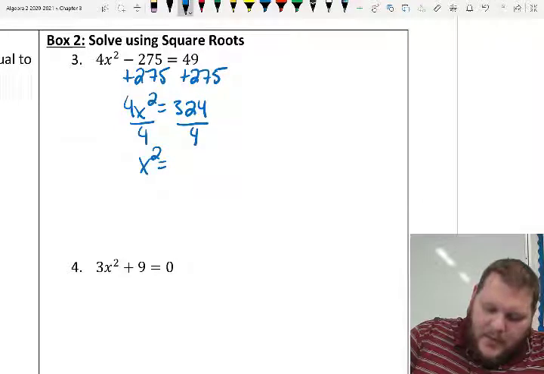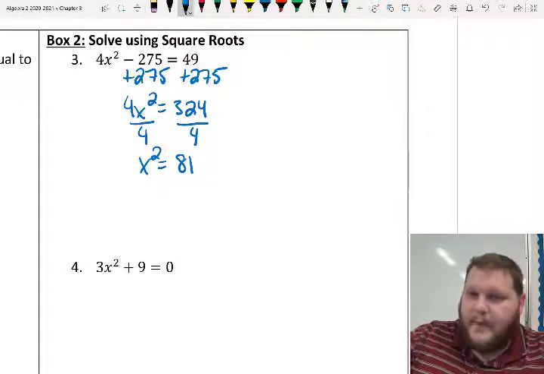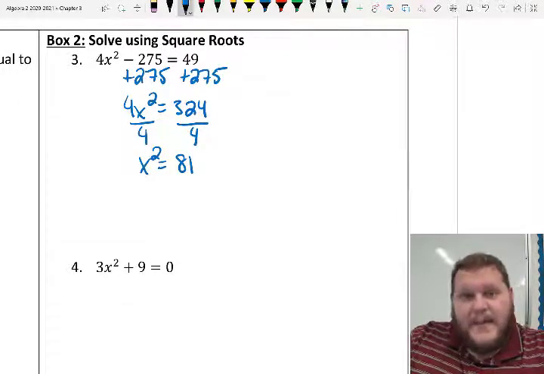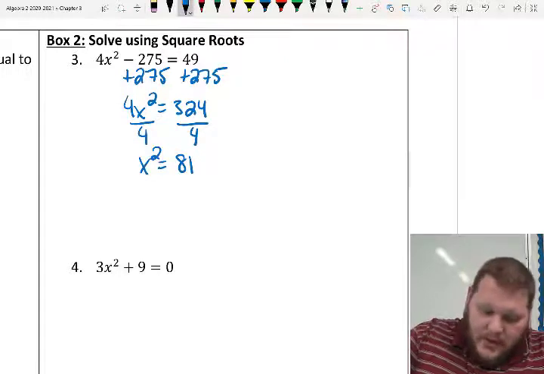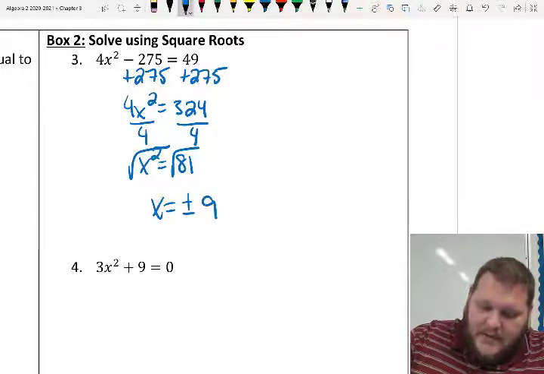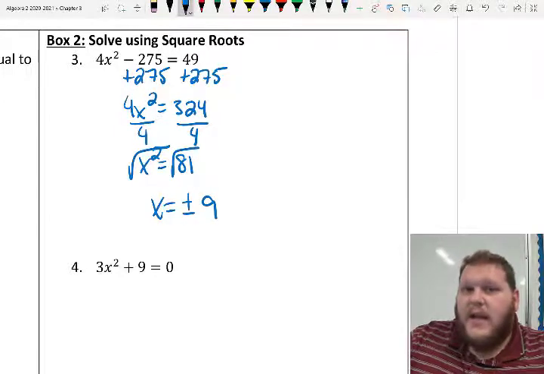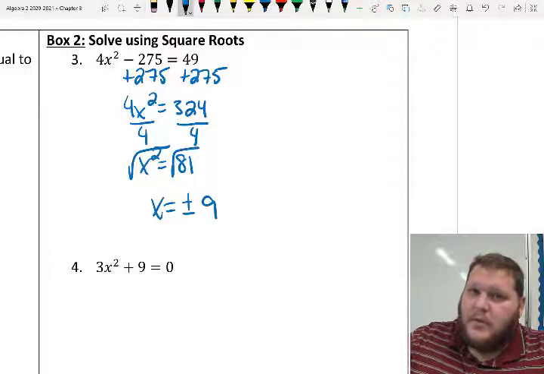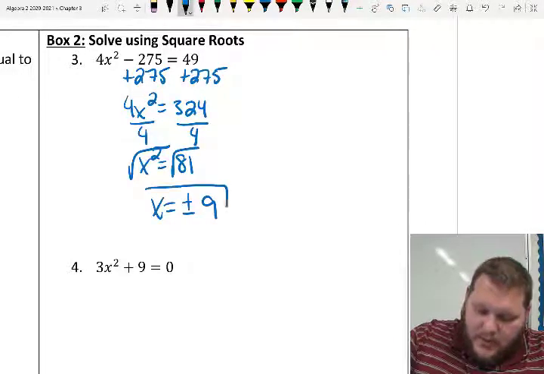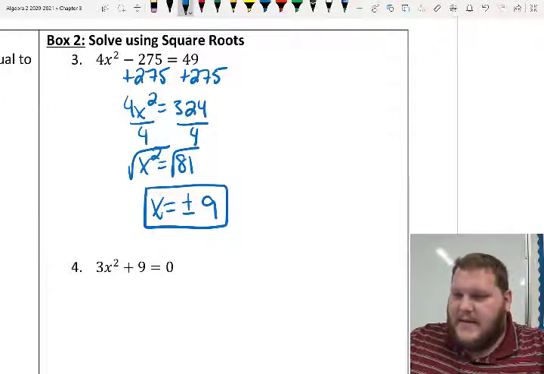That gives us x squared equals 81. Our last step, to get our x by itself instead of just x squared, is to square root both sides. And remember, when you do that in an equation, you've got that plus or minus in there as well. So positive or -9, if I plug that back into my original equation, would give me a true equation. It's a solution. So plus or minus 9 is my solution there.